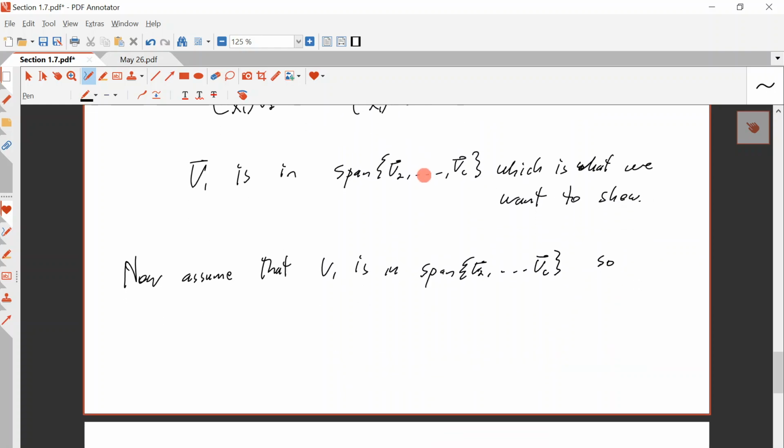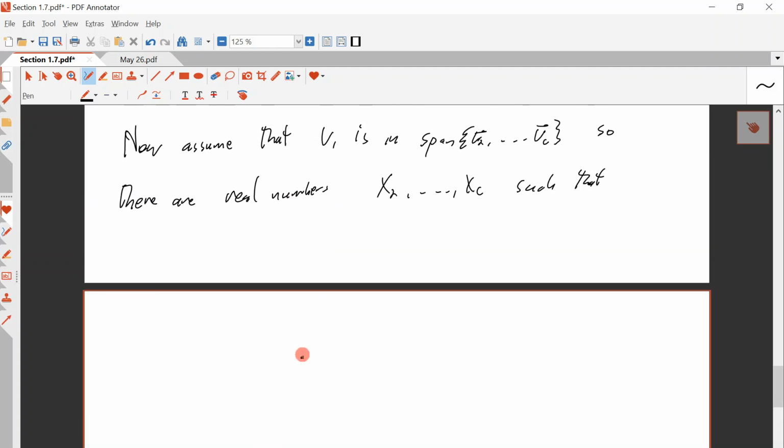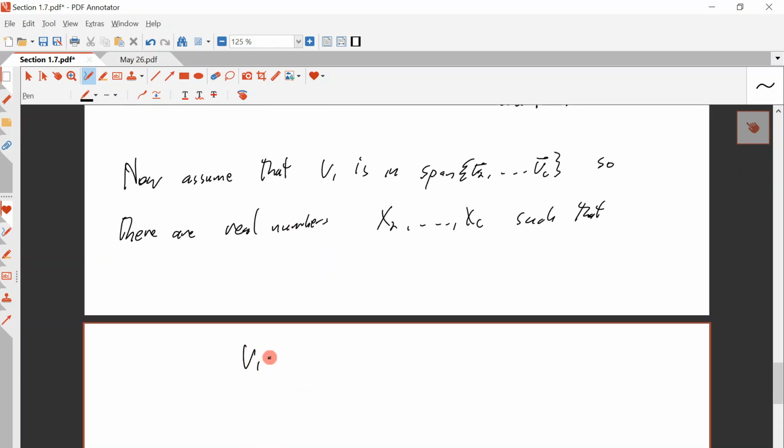Right, so there are real numbers x2 to xc such that v1 is equal to x2 v2 plus xc vc.